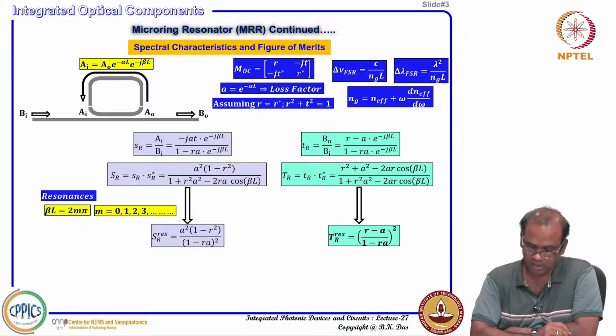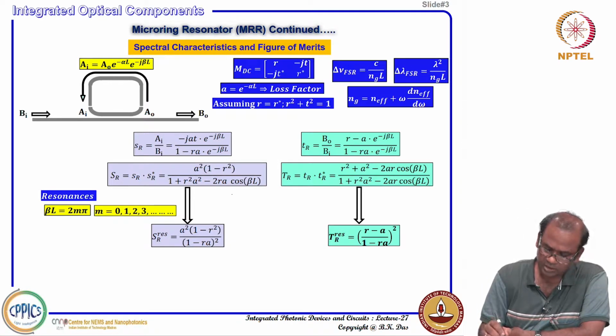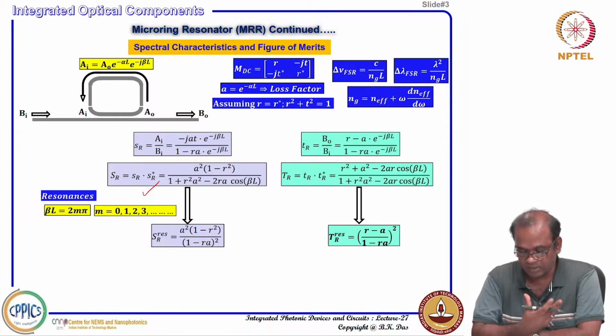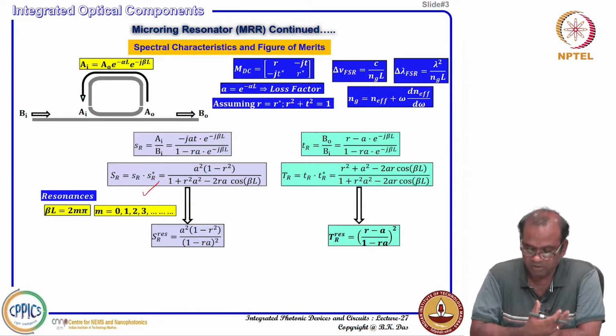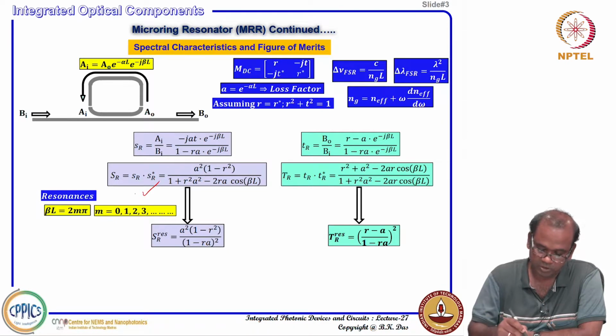We also learned that in this function, this is the field inside or power inside, that actually gives the value of how much power is inside from this expression. If you carefully look into it, we can identify that in the denominator you have one factor called cos beta L. This cos beta L can vary from -1 to +1.